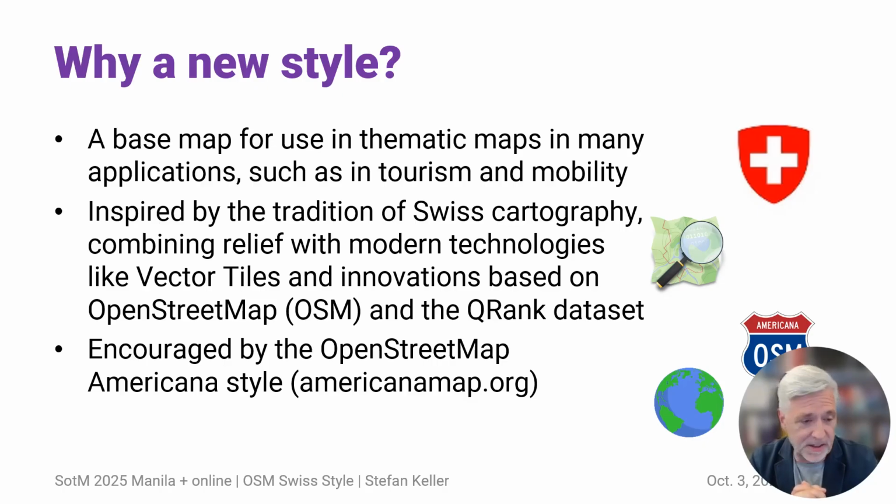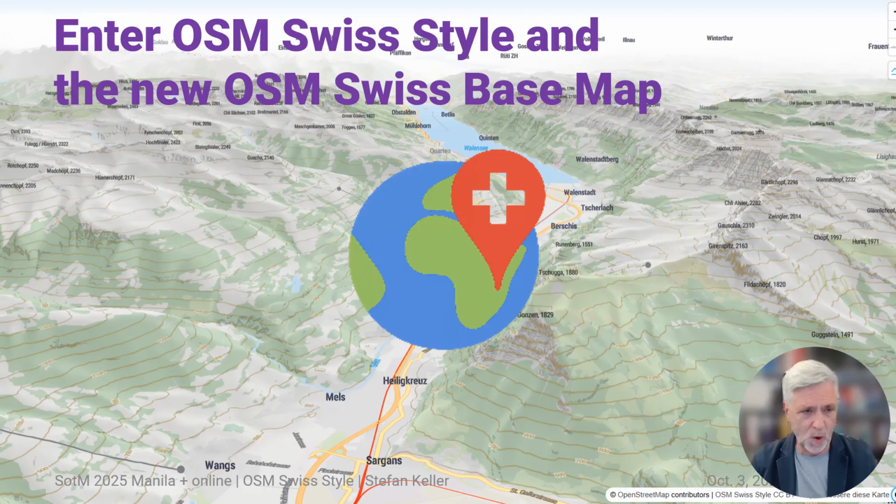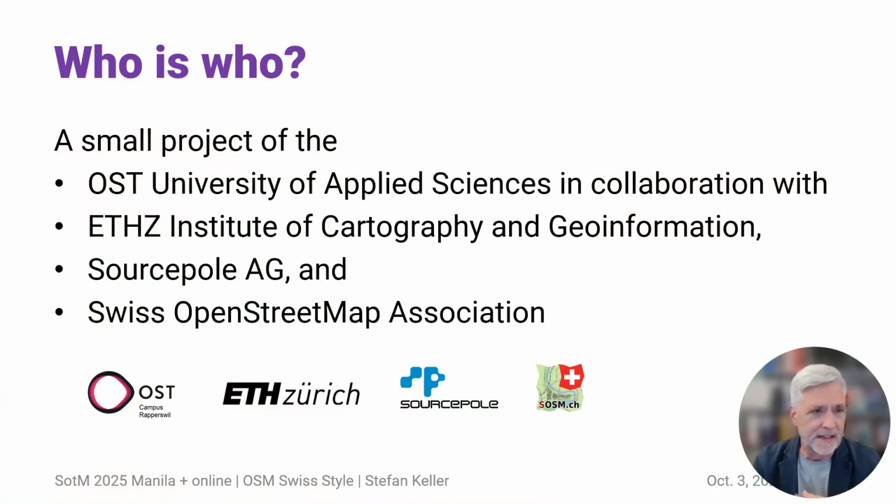I'm actually also encouraged to do this by the OpenStreetMap Americana style, which has been there before. And so, enter the OSM Swiss style and the new OSM Swiss base map based on that style, which got that nice logo. So who is who in producing such a style?